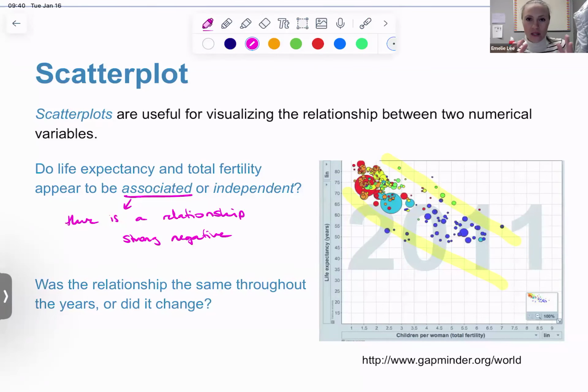Linear just says that it looks like a straight line. If I had to put a general shape to this, I would say it looks like a straight line. And so that's what strong negative linear means. Okay.